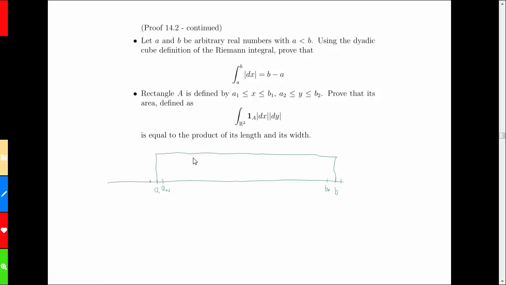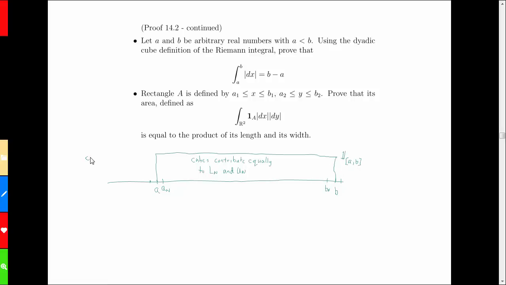In between a sub n and b sub n, there are cubes that contribute equally to the lower sum and the upper sum for this function, which is the indicator function for the interval from a to b.